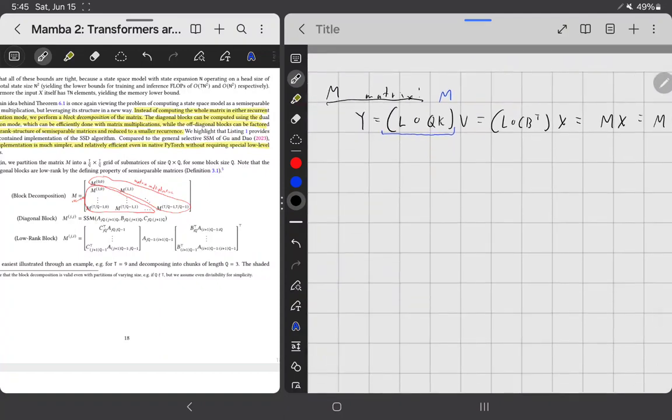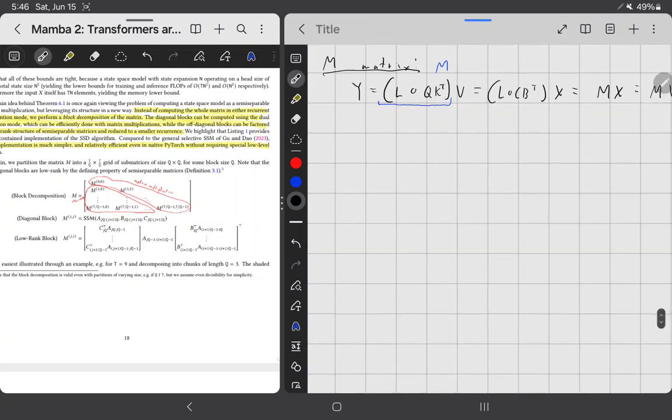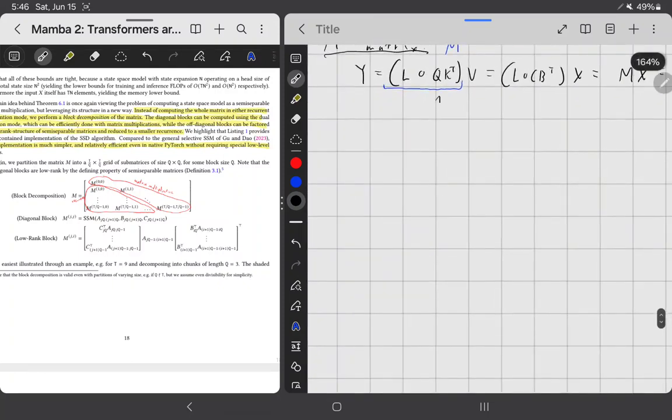So the matrix is going to look like this. I'll define it in both ways so that it's hopefully less confusing. I like to look at things in terms of QK transpose because I've seen attention a lot more than SSMs, but CB transpose is just as equivalent because we have this equivalence relation we defined above.